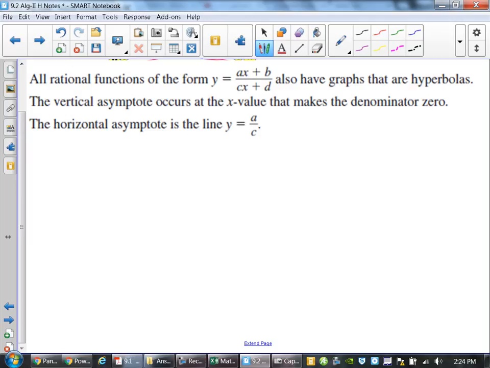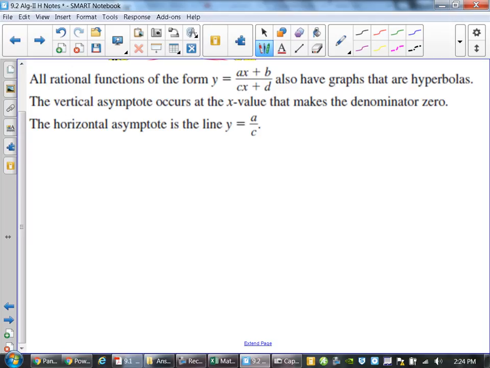What I want you guys to look at is, as far as how this setup is, think of it as noticing that you have the same degree in both the numerator and the denominator. The numerator is a linear function, and the denominator is a linear function. They both have a degree of 1.